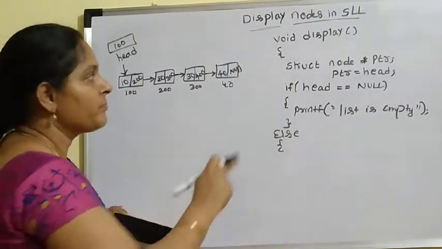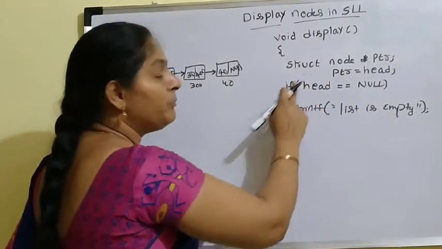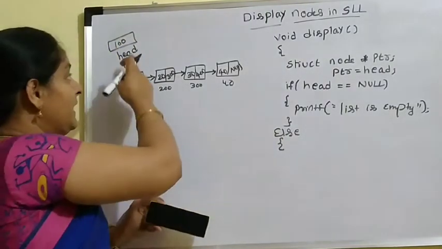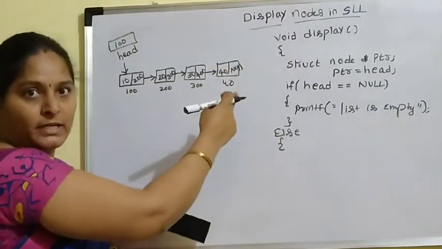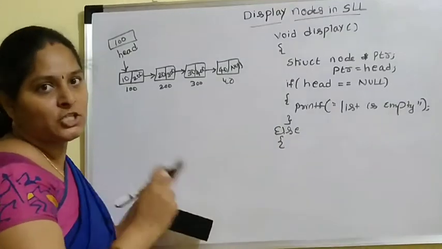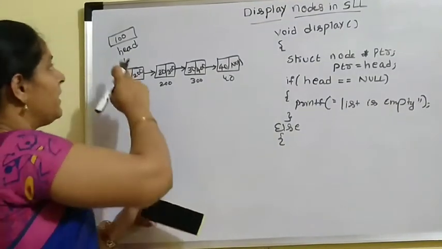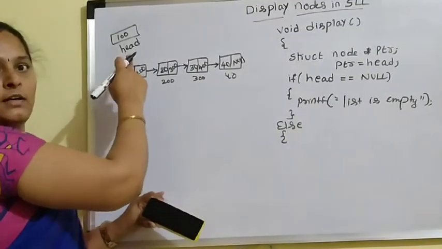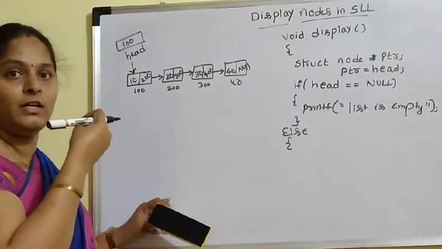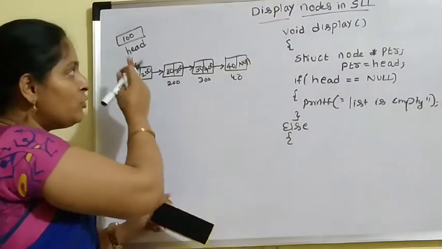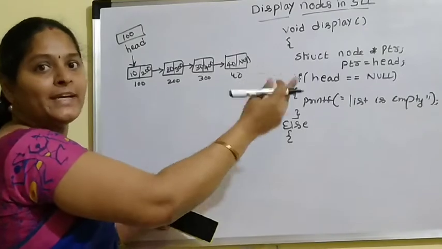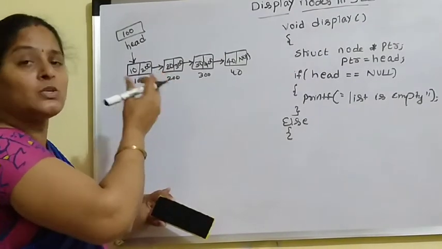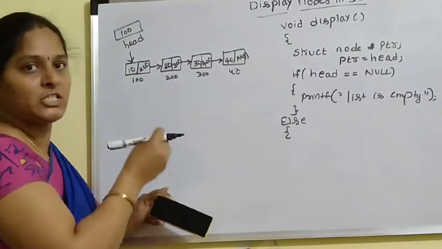Now see, if you want to print each and every node data part, we need to take one extra pointer, because if you move the head pointer till the end, we cannot go back. So it will be very difficult to identify the first node again.